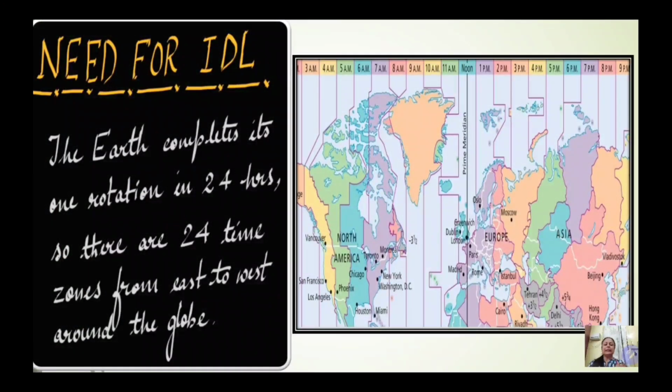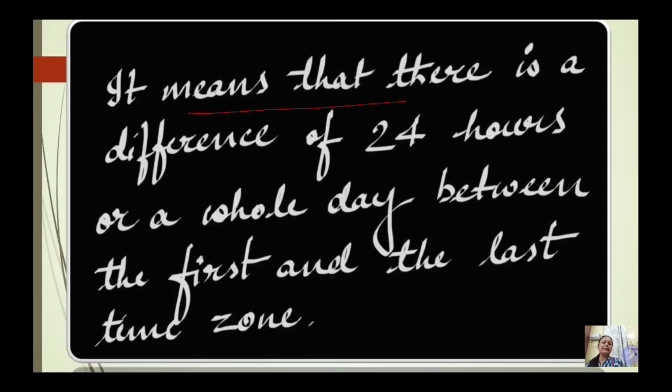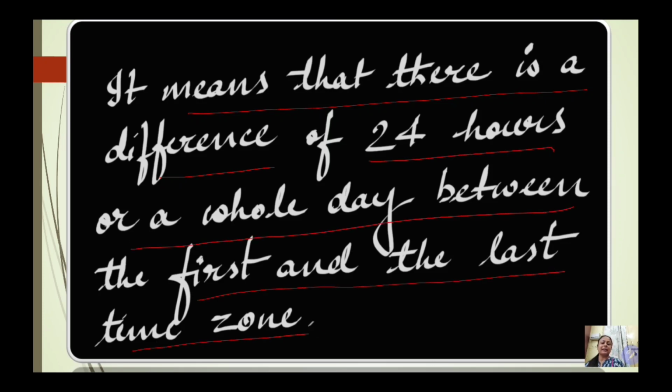Why do we need the international date line? The earth completes its one rotation in 24 hours, so there are 24 time zones from east to west all around the globe. Children, just now we have learnt about the time zone, so we are familiar with it. It means that there is a difference of 24 hours, or a whole day, between the first and the last time zone.